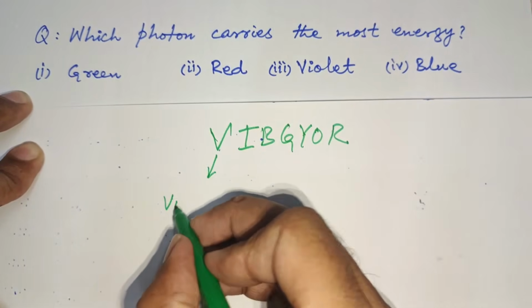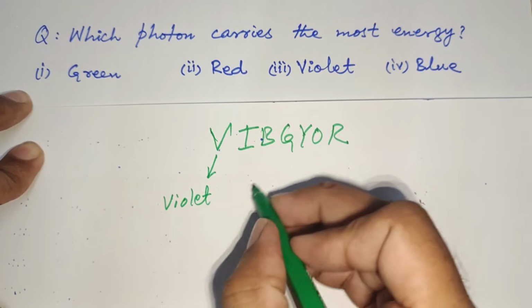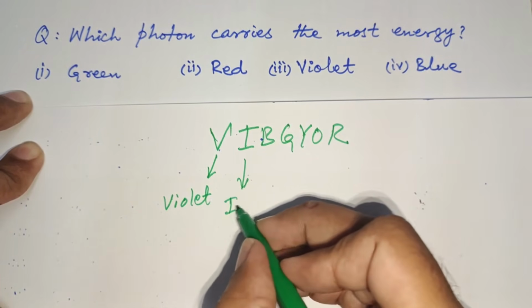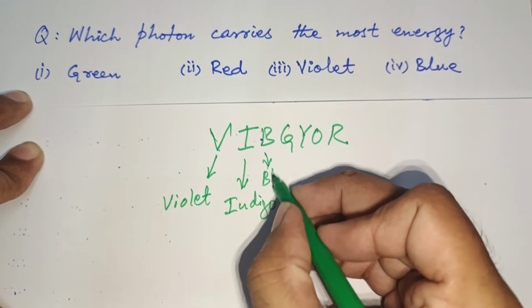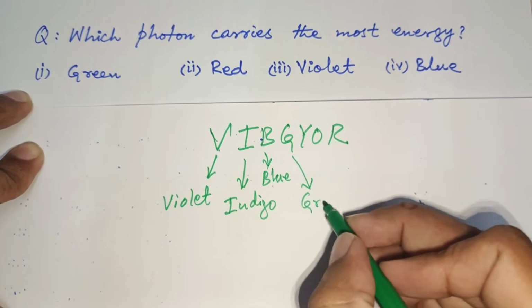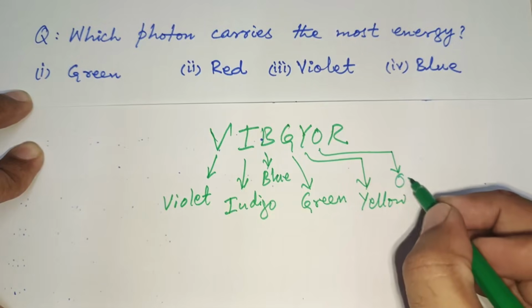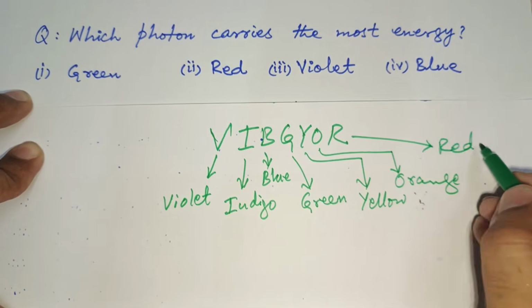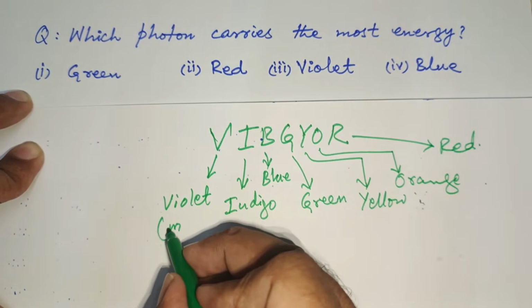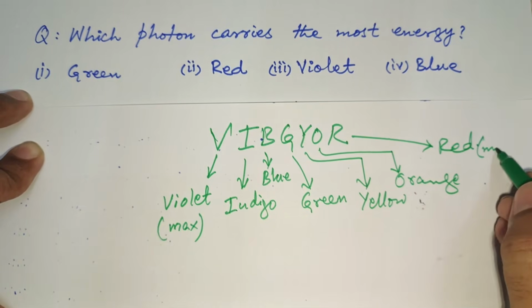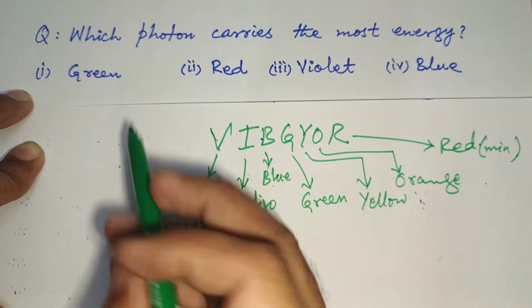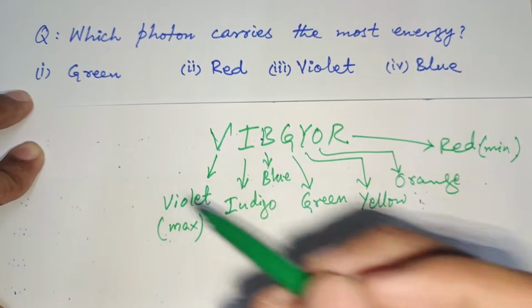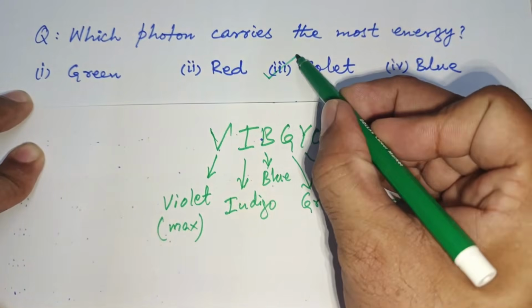V is violet, highest energy, then indigo, then blue, green, yellow, orange and red. So this is maximum energy and this has minimum energy. So the photon that carries the most energy is violet.